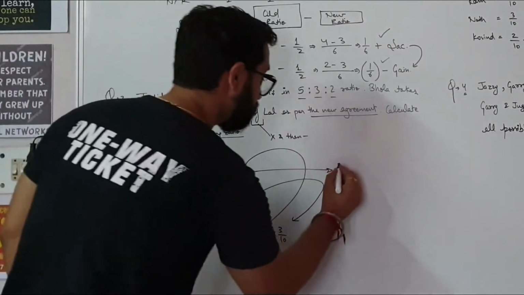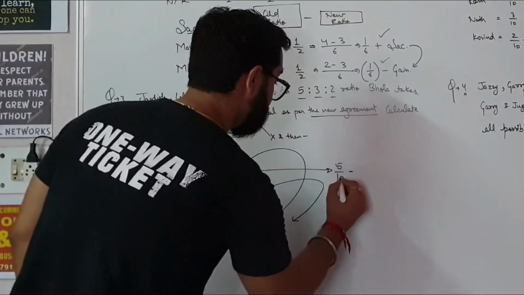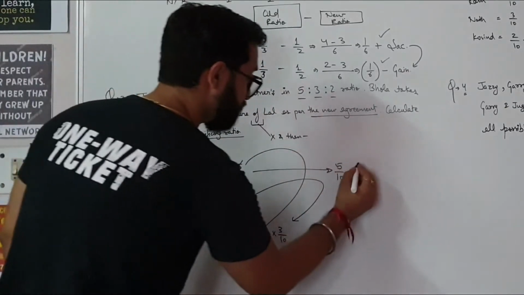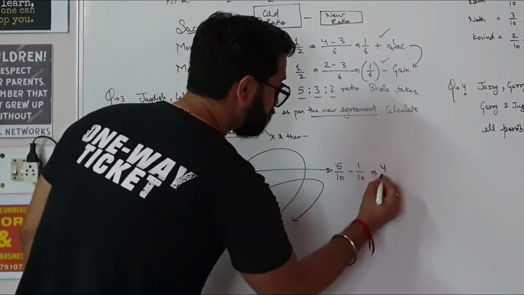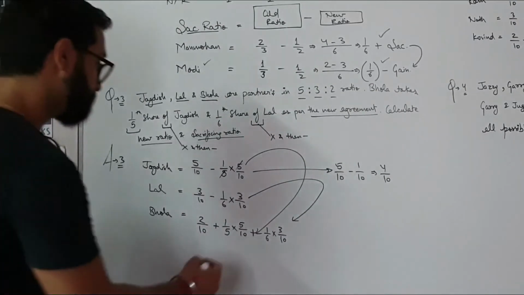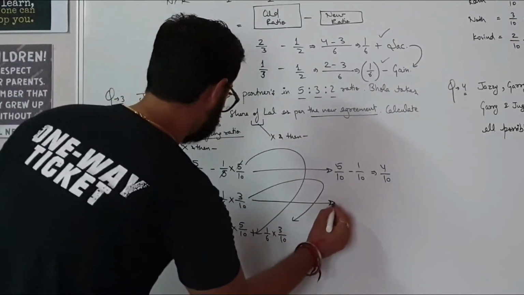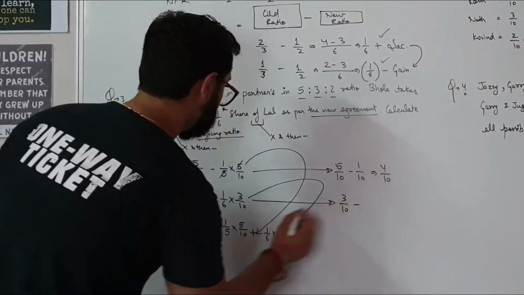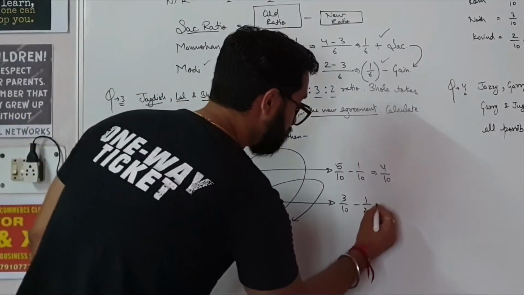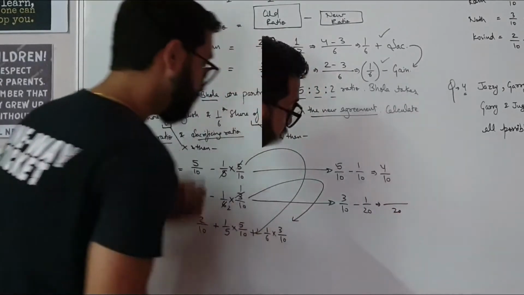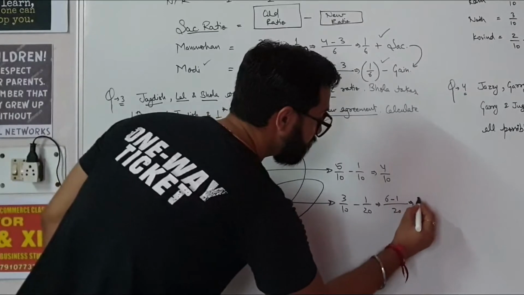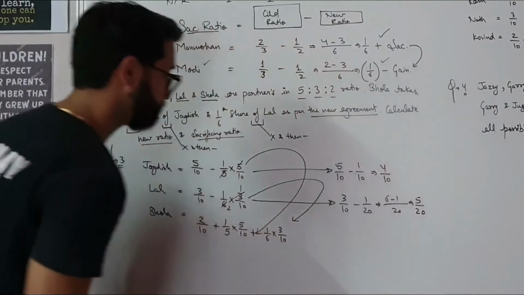Okay. Now let us solve. 5/10 minus 1/10: if we cut 5 by 5, 1 by 10, then the answer comes 4 by 10. Now in the second case, 3 by 10 minus 1/20. Take LCM 20. 10 2s are 20, 2 3s are 6, minus 1, it's 5 by 20.